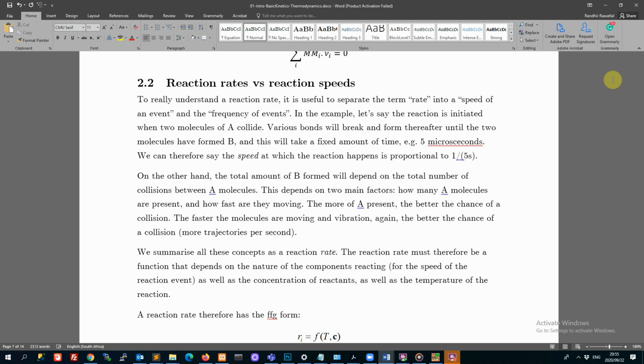So you're getting 50 completed Rubik's Cubes per 10 minutes. That's the rate. So the speed here, 10 minutes, is different from the rate, 50 Rubik's Cubes per 10 minutes. Right, so that's how you can think of this. It's not a bad analogy, if I say so myself.